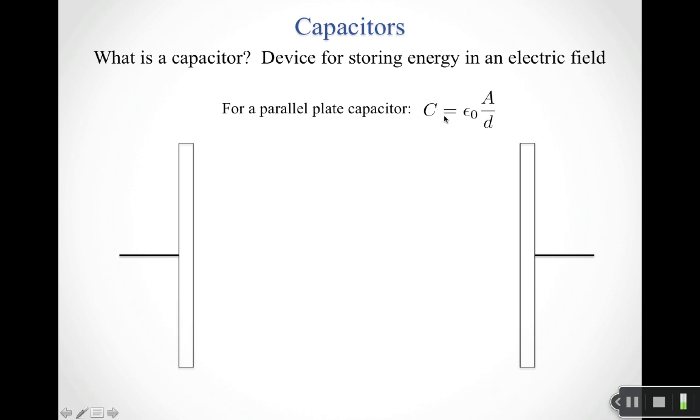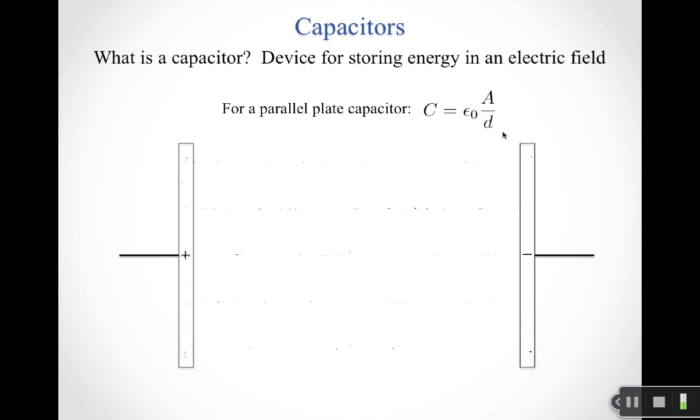I can calculate the capacitance for any parallel plate capacitor by taking our constant epsilon naught times the area of the plates divided by the distance between them. So what the capacitance cares about is just the geometry of the capacitor that you've built. You've built plates with a certain area, you've separated them by a certain distance, and that's all the capacitance cares about.